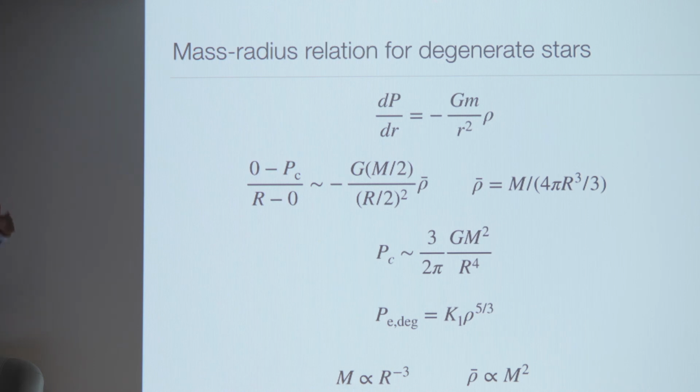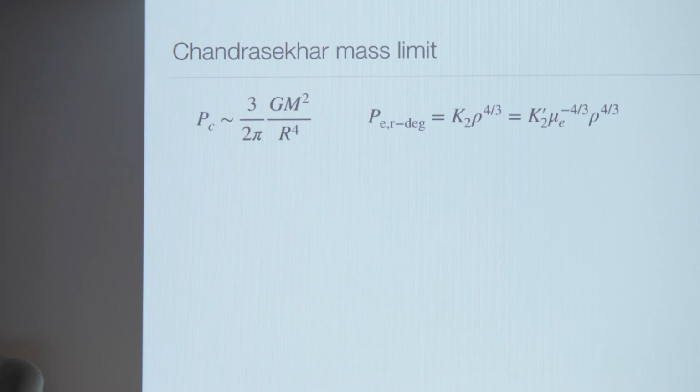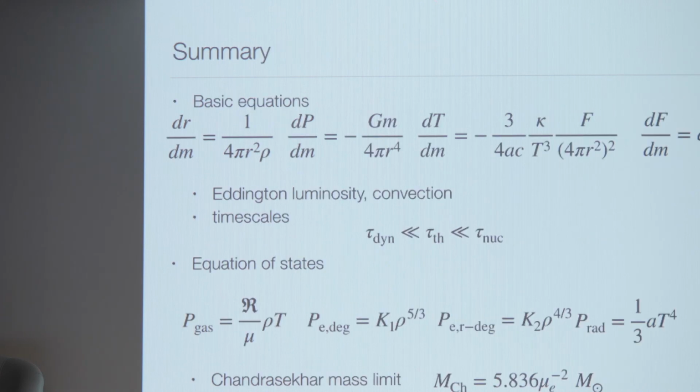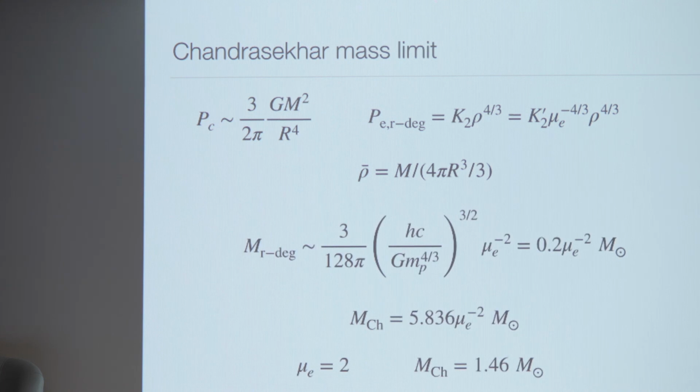But at some point, the density becomes high enough for the white dwarf to have relativistic degenerate electrons. So the equation of state changes, and that means there will be a maximum mass the white dwarf can reach, and that mass is what's called the Chandrasekhar mass limit.